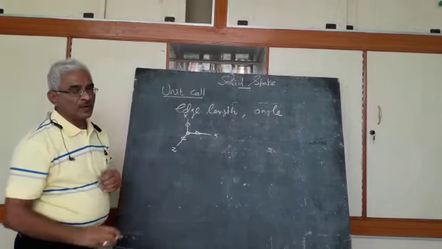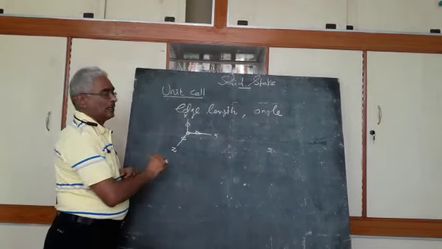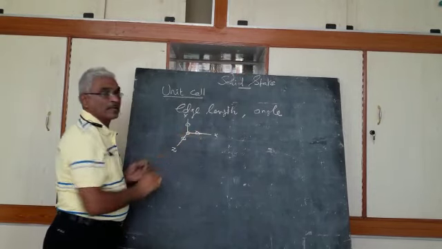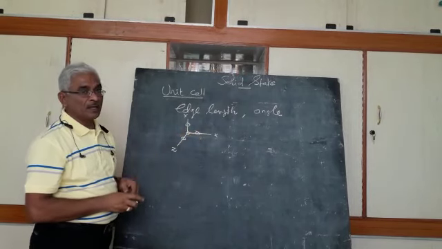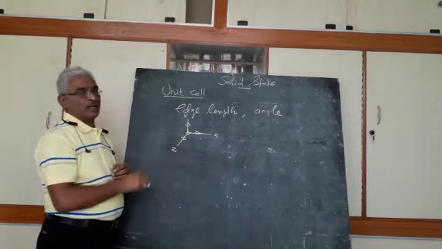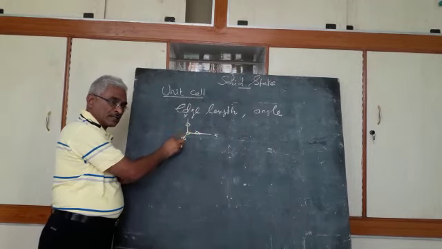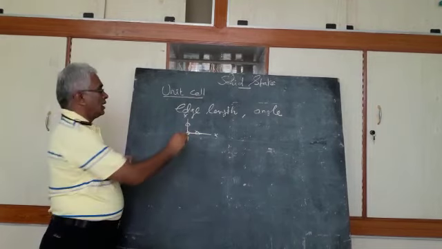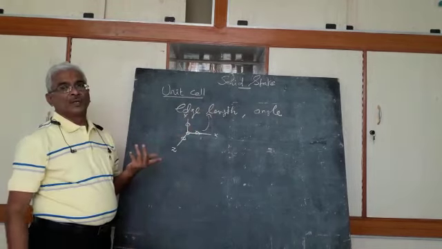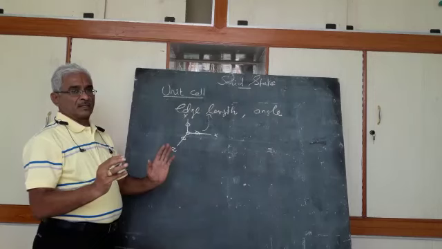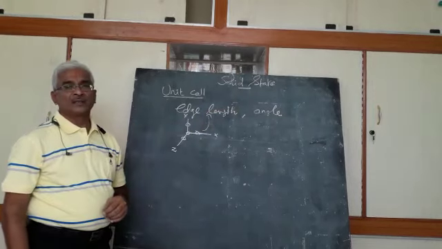If you could find out the distance between these two atoms in the x-axis, in the y-axis, in the z-axis, it is the edge length. Edge length is this.